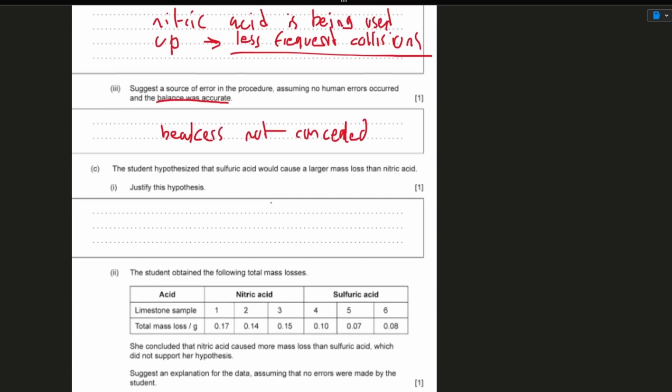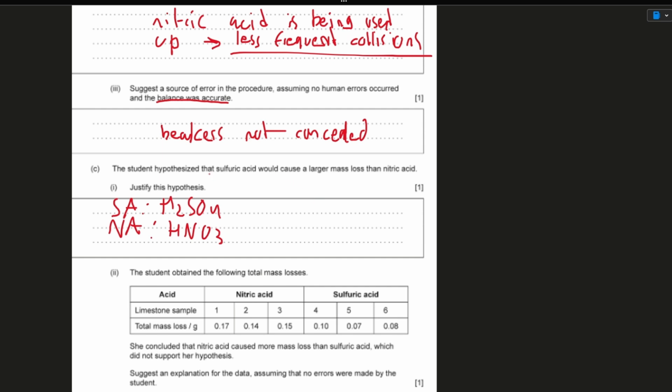Section C, part 1 says, the student hypothesized that sulfuric acid would cause a larger mass loss than nitric acid. So to look at this in a more chemistry way, we should write the formulas. Sulfuric acid is this, and nitric acid is, I think, HNO3.